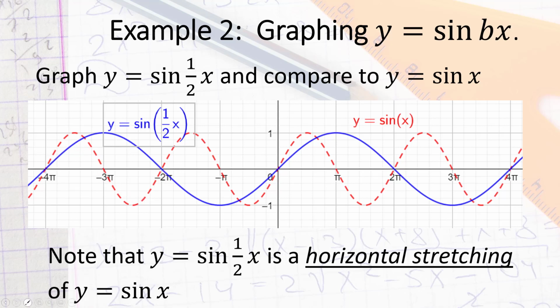So our equation was that the period p is equal to 2 pi over b. In this case, b is 1/2, so that's 2 pi divided by 1/2, which is equal to 4 pi. So for this particular graph it makes sense, and indeed, it makes sense in general.